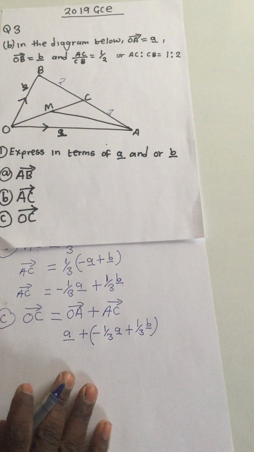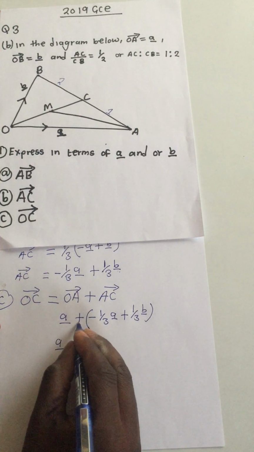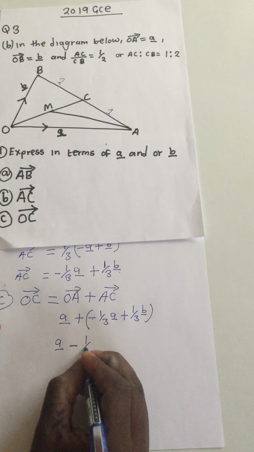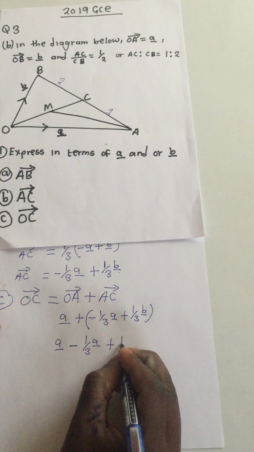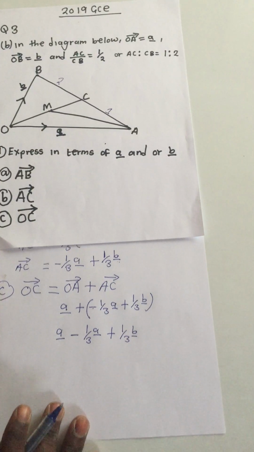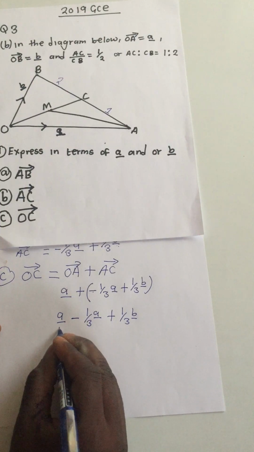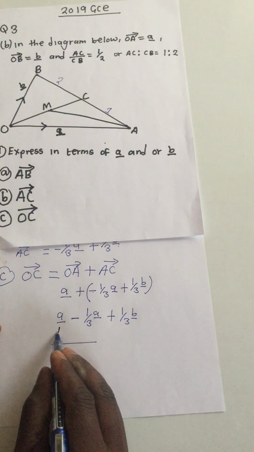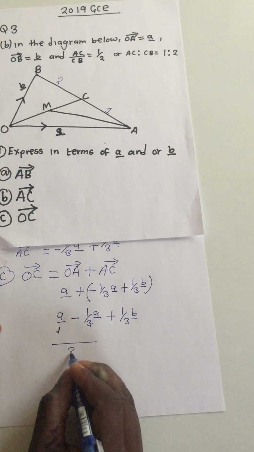So here you say open, you know the vector for AC, it's this one. So it will be negative 1 over 3 vector A plus 1 over 3 vector B, like this. So the next thing you do, you simplify. Vector A, positive times negative, it's negative. So it will be A vector plus 1 over 3 vector B. The next thing you do, you put 1 here, the common denominator. Where 1 and 3 can go, it's 3 itself.